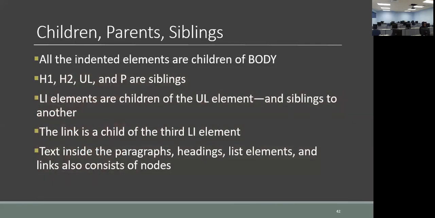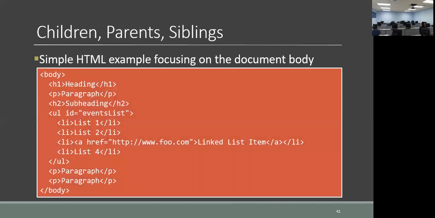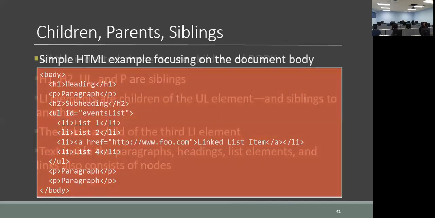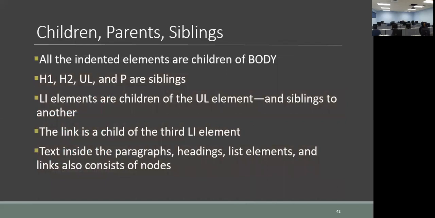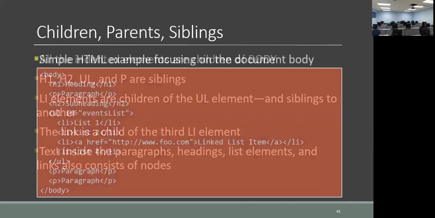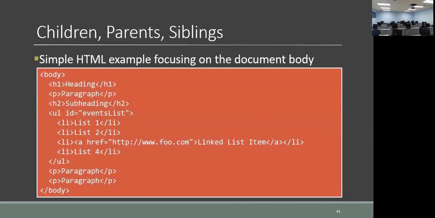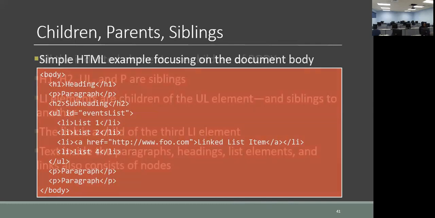The LI elements are children of the UL element, and they are siblings of each other. Now you see the link is the child of the third LI element. The third LI element has a child, which is the anchor tag.